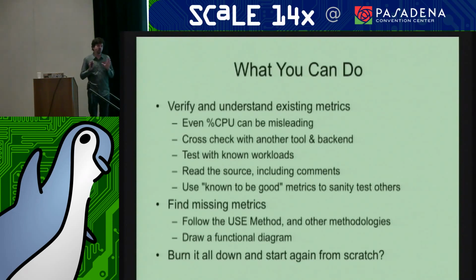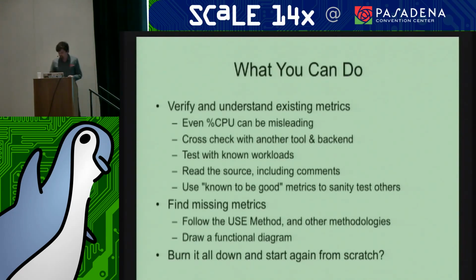And that's okay, so long as you're aware of which metrics you have verified and which you haven't. When you're using them to solve issues, you know, these 3 are known to be good because I spent half a day reading the Linux kernel source and testing them, and they work. All the other metrics, I don't know that they're good, but I can use them as clues. That's a mindset that's really helpful: knowing what is proven to have worked and knowing what you've yet to have the time to prove and verify.